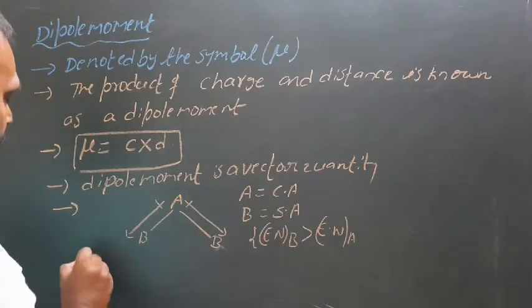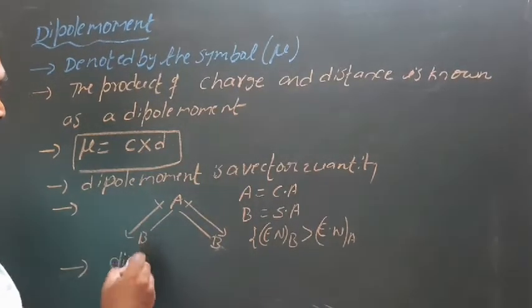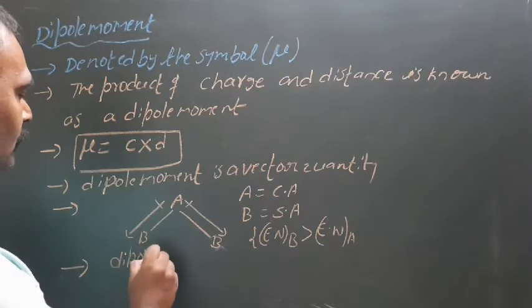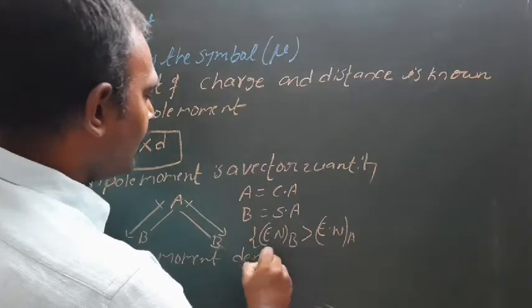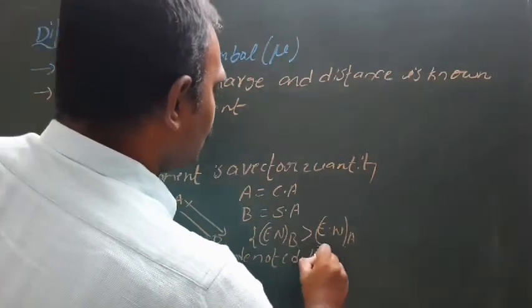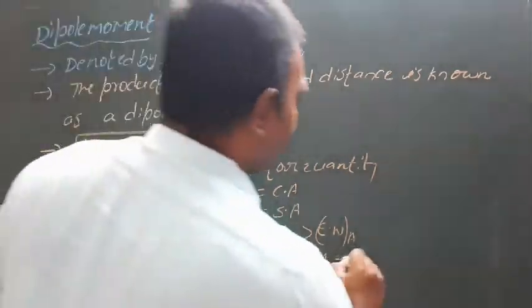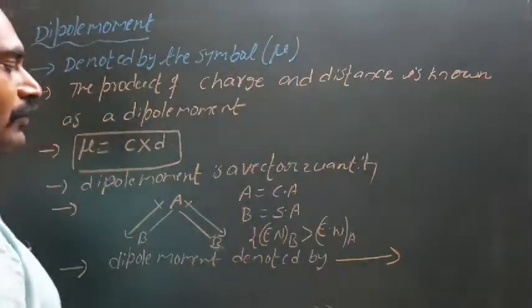The dipole moment is denoted by an arrow mark.